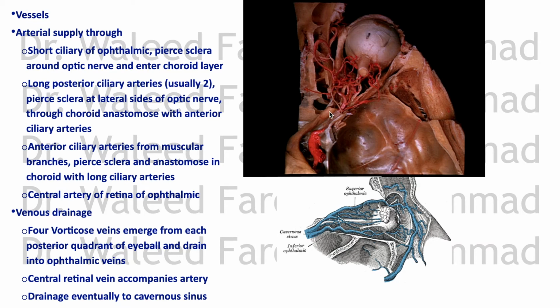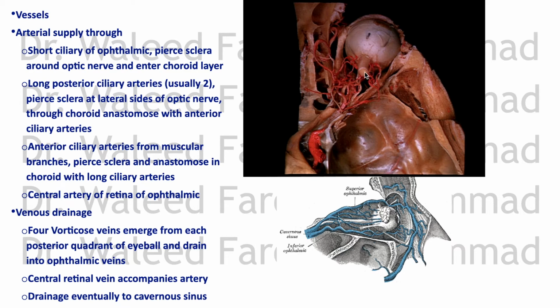Now, I told you about short ciliary and long ciliary arteries. This is one of the long ciliary arteries, called the posterior ciliary. Ciliary because it pierces the sclera, the eyeball, goes inside and anastomoses with each other in the choroid layer, and supplies mainly the fibrous and the vascular layer.